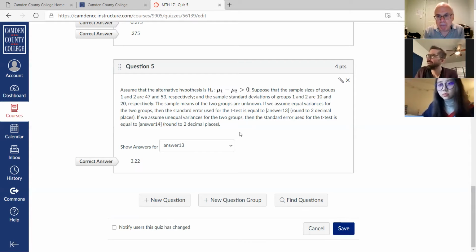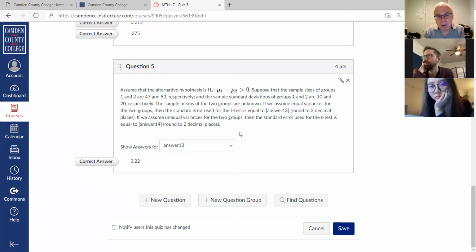I think the reason I got it wrong was because I was mistaking standard error for margin of error, and I kept thinking, oh, I need the t-value, but there's no margin of error in a hypothesis test. It's in the confidence interval. In the confidence interval, the standard error is multiplied by the critical value. It's exactly the same standard error.